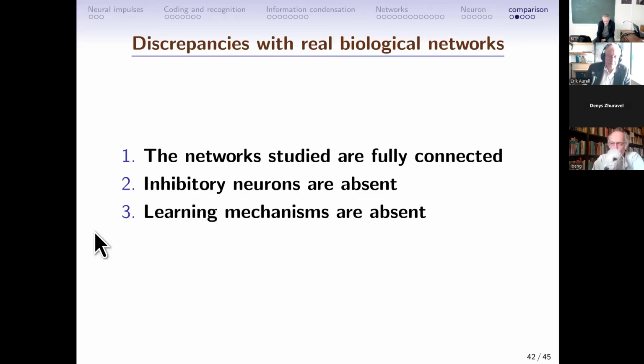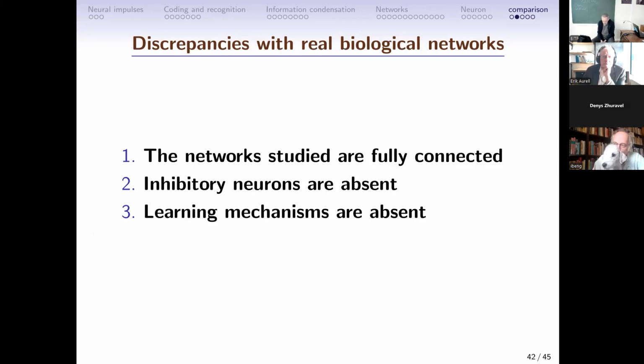Here are shown some differences, but we still claim that these simulated neural networks are able to classify input stimuli into different classes. And it is just what the real biological neural networks do.